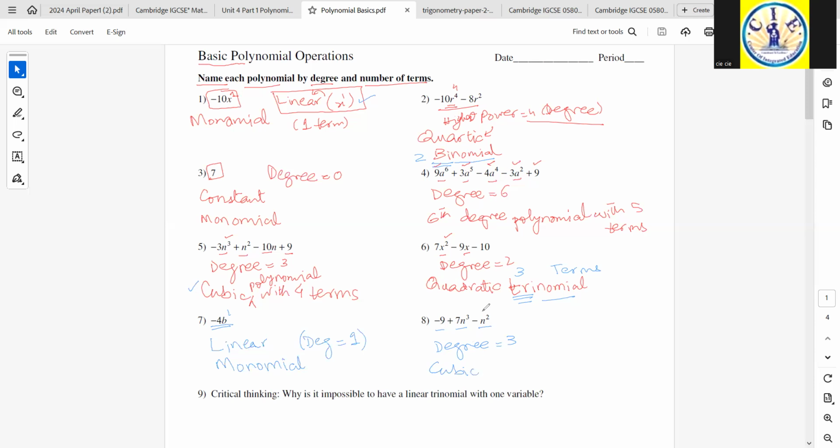And again, it has got 3 terms, as was in part 6. So we call it a cubic trinomial. So this is how we name different polynomials.